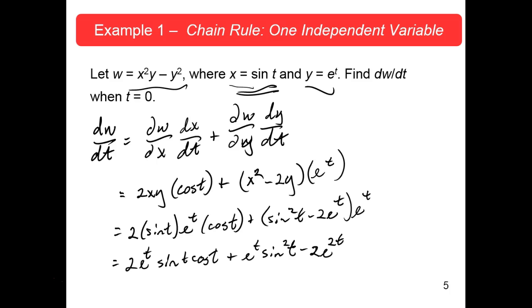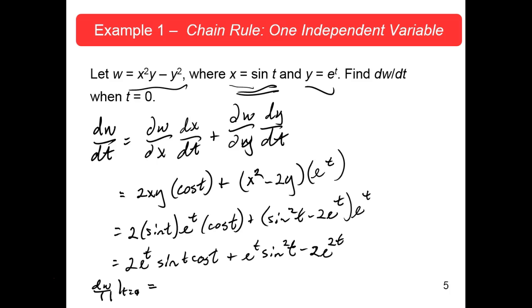But it says evaluate that, find that when t is equal to 0. Okay, so dw dt, when t is equal to 0 would be what? What's that first one give you?